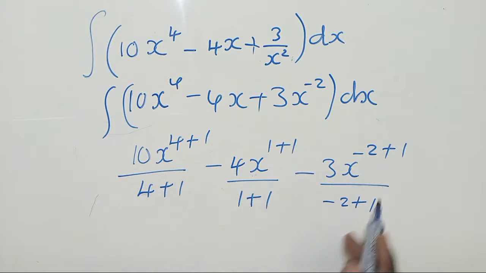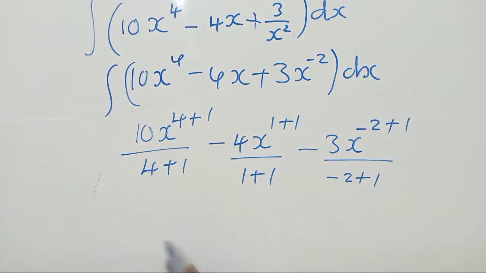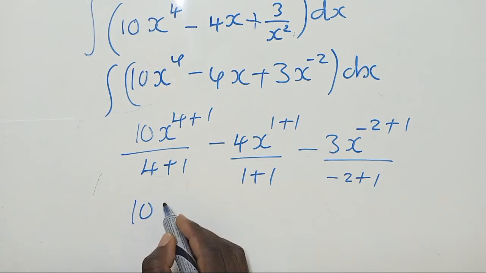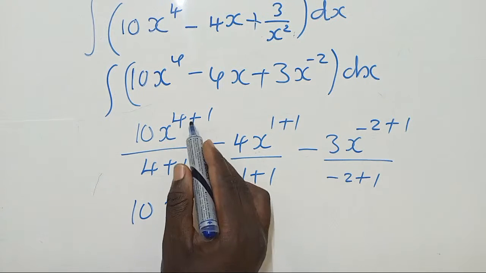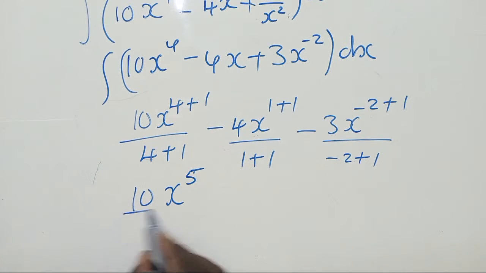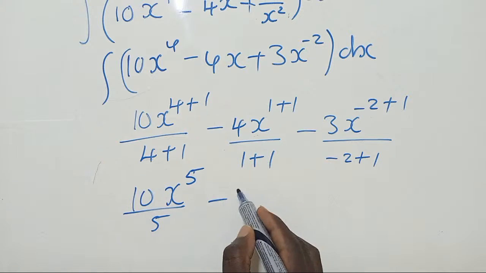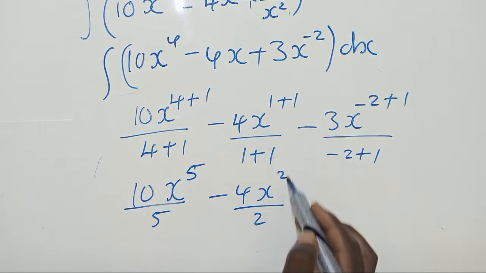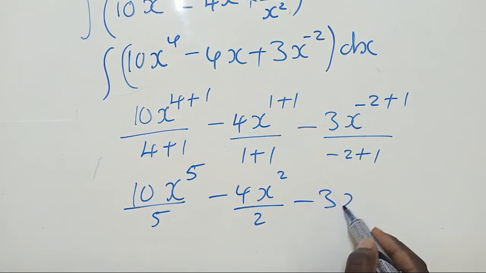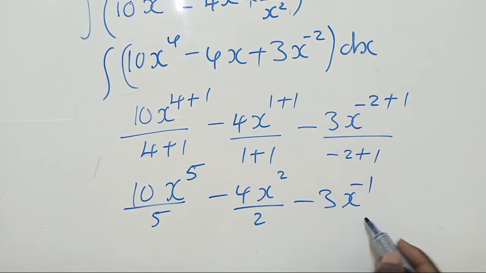Thereafter, you work out things. So we have power 5 there, divided by 5. Here it's power 2 divided by 2, because 1 plus 1 is 2. There, it will be power negative 1.